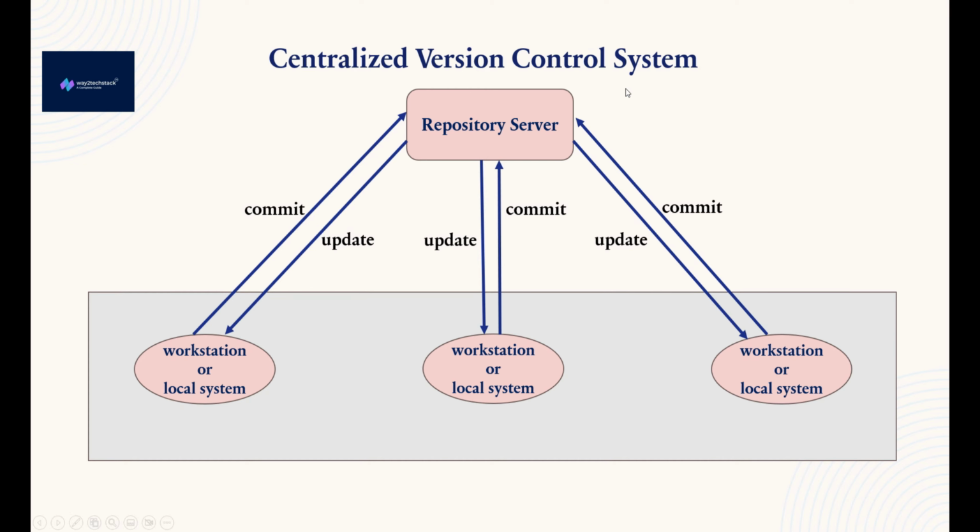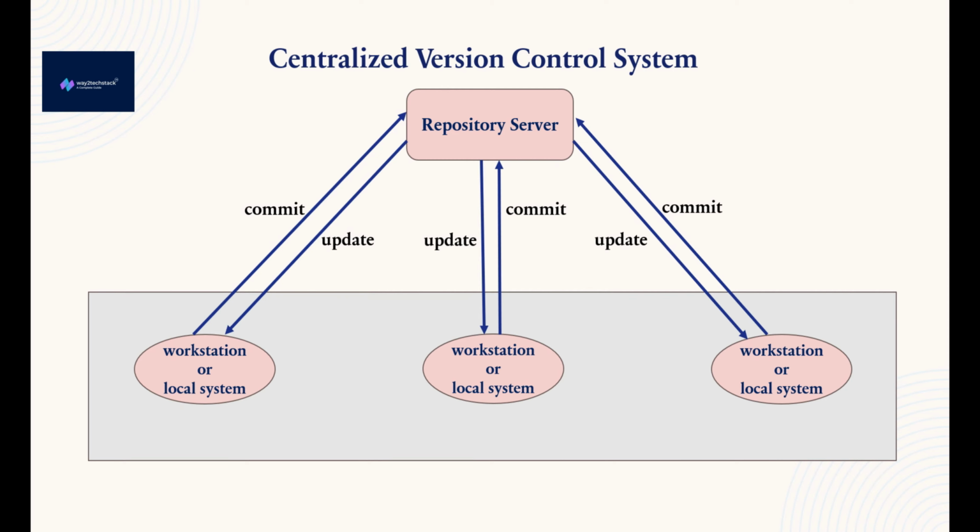But if I'm saying everything is complex, then why do we have to use this particular CVCS? If you have a requirement where, when developing software, you will write a lot of binary files. Binary files are huge. They will occupy a huge amount of space on the disk. In those conditions, we have to go for CVCS.